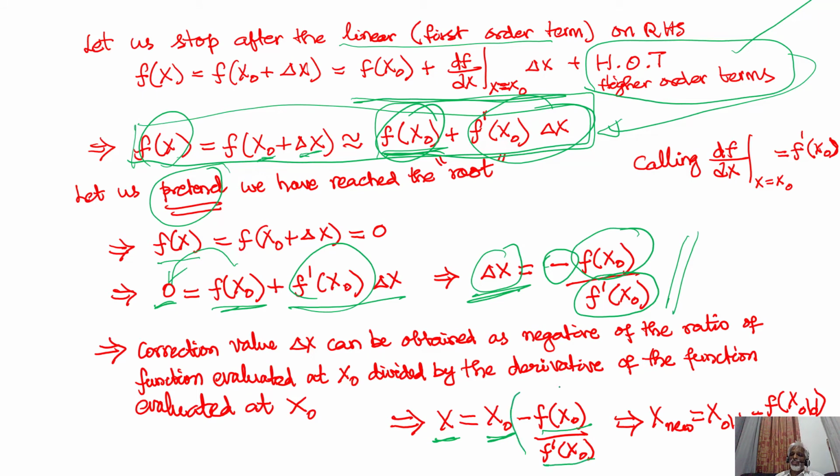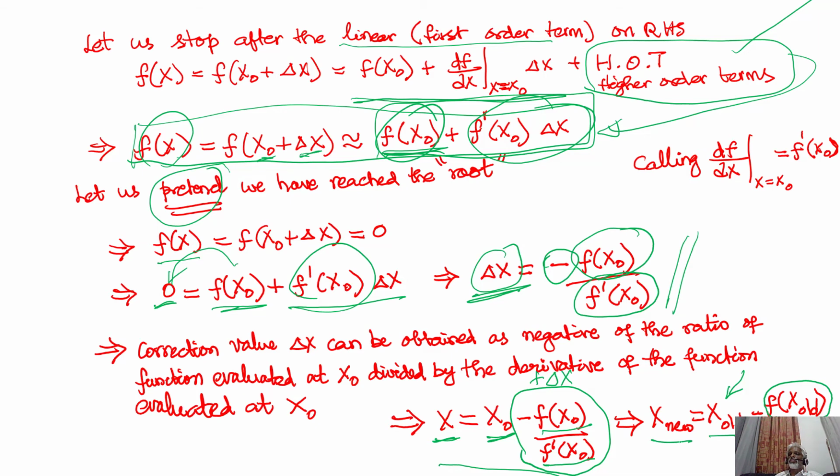Please note, including this minus sign is nothing but plus delta x. So in other words, x new is equal to x old minus f at x old divided by f dash at x old. So all you do is start with a value of x old, let's say 1. Then compute the value of the function, because the function is given to you. Find the value of the function at your current guess value. Take the derivative of the function and evaluate it at the current guess value.